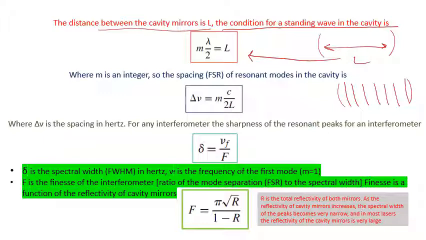So basically, to find lambda, it is 2L over m.